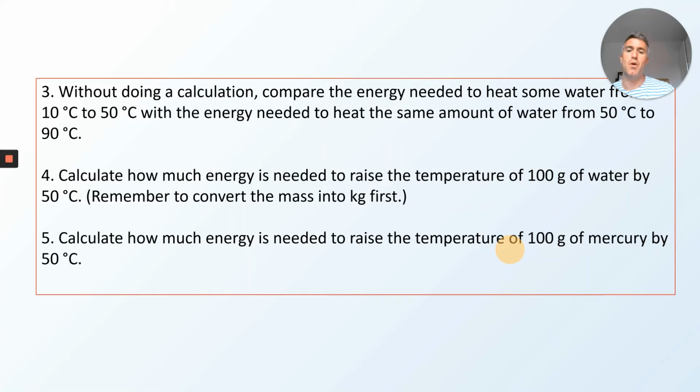Make a comment on the amount of energy. Calculate how much energy is needed to raise the temperature of 100 grams of water by 50 degrees. Don't forget, convert 100 grams to kilograms. And calculate how much energy is needed to raise the temperature of 100 grams of mercury by 50 degrees. Don't forget to convert. So, pause, answer those questions.